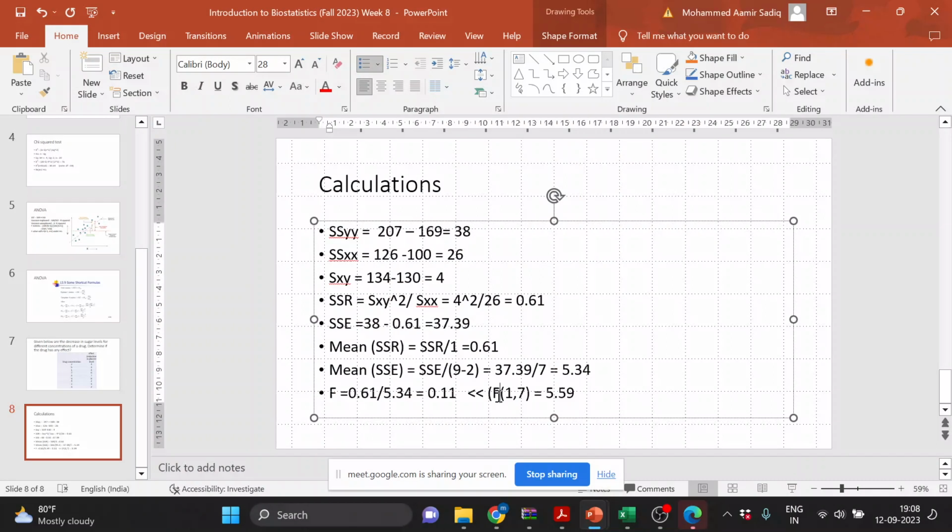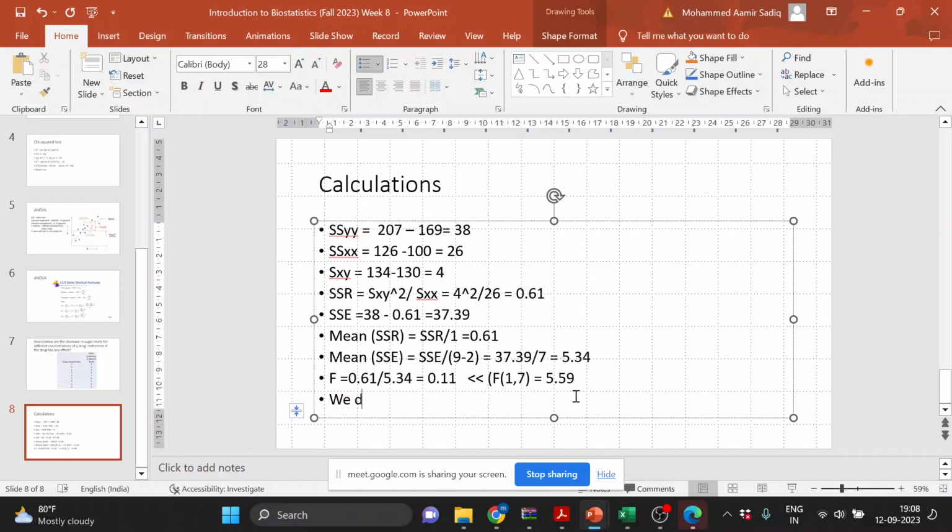So we do not reject the null hypothesis at alpha 0.05.